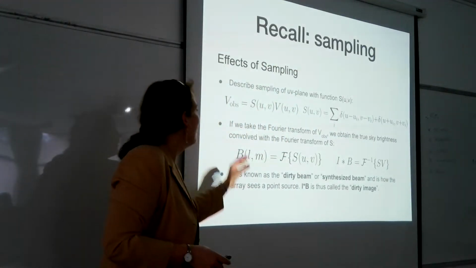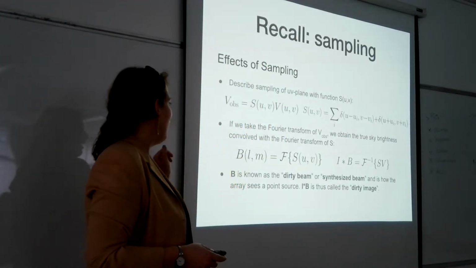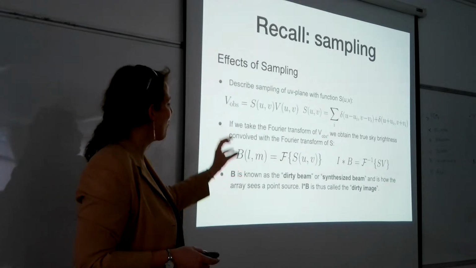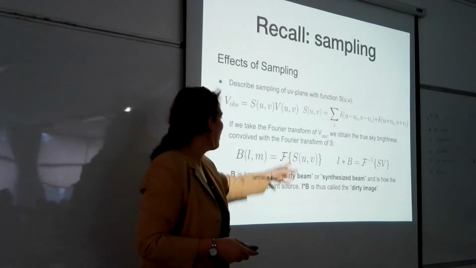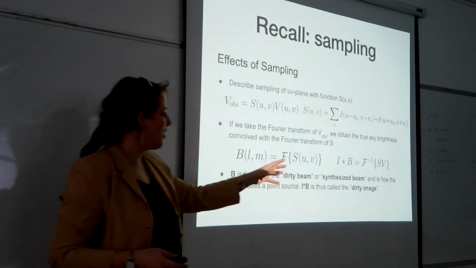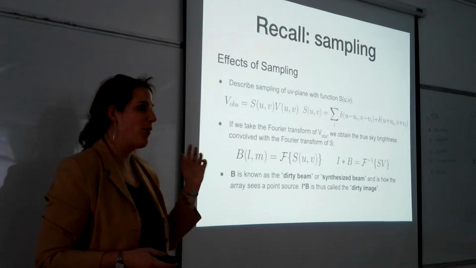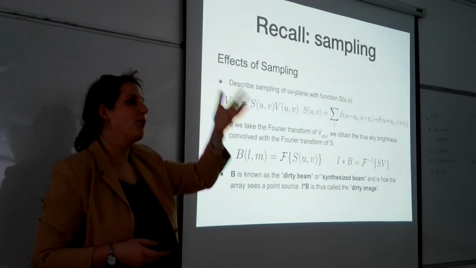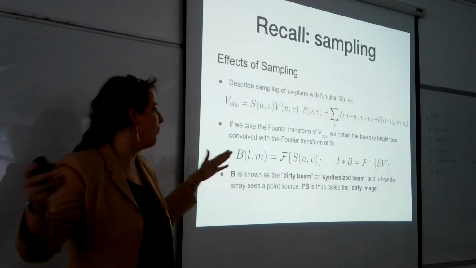What we want to get is only the image. The Fourier transform of that signal is called the dirty image. This is where the cleaning comes from. It's the image in the sky convolved with a dirty beam with side lobes.